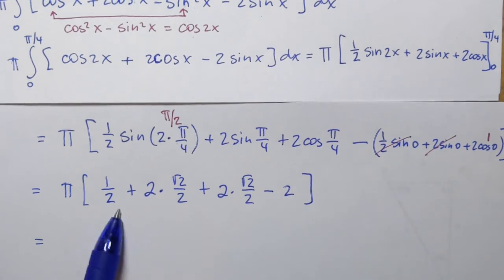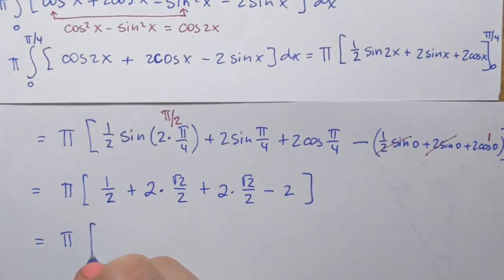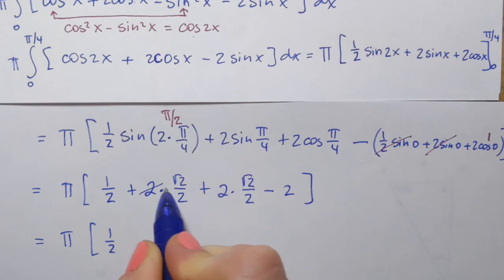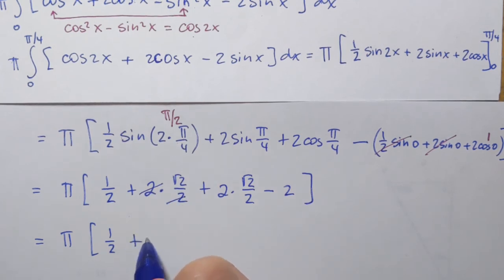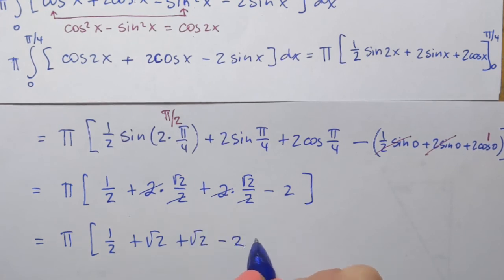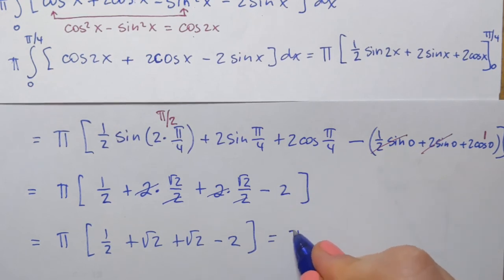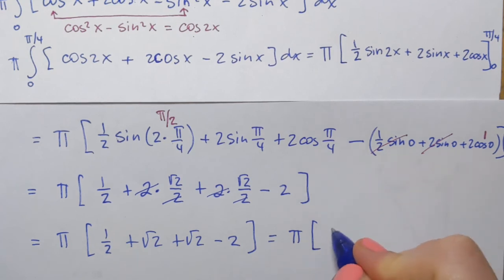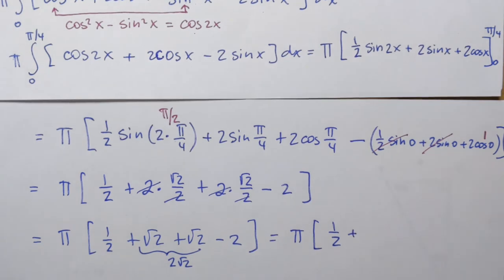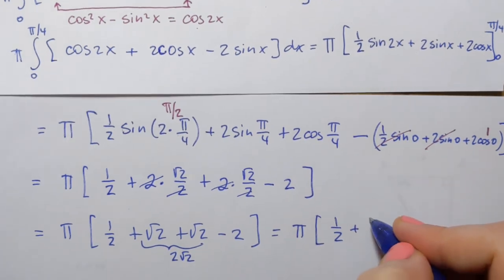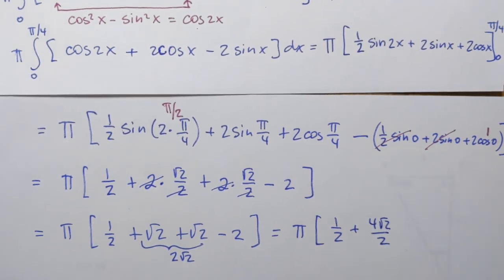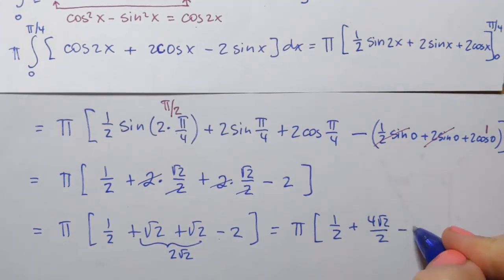Okay, so what's left to do is just this computation. We'll have 1/2 plus radical 2 plus another radical 2 minus 2, all times pi. Let me bring everything to the same denominator, so I'll do denominator 2. So it's 1/2. Now this is 2 radical 2, but if I want to combine them, I'll write it as 4 radical 2 over 2, and that is minus 4 over 2.